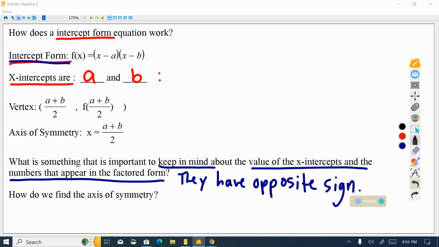But what do I mean by they? By they, I mean the value of the x-intercepts and the numbers that appear in factored form. Those have opposite sign. Okay? And how do we find the axis of symmetry? Well, the axis of symmetry is halfway in between the intercepts.